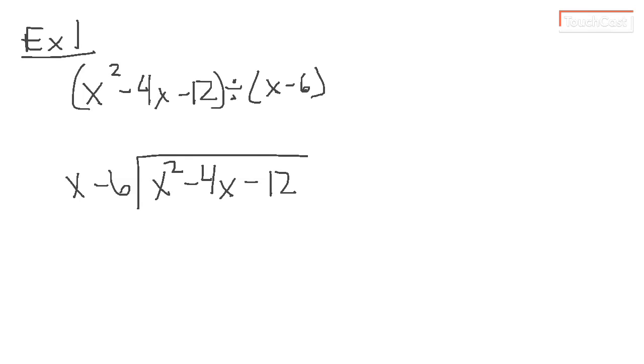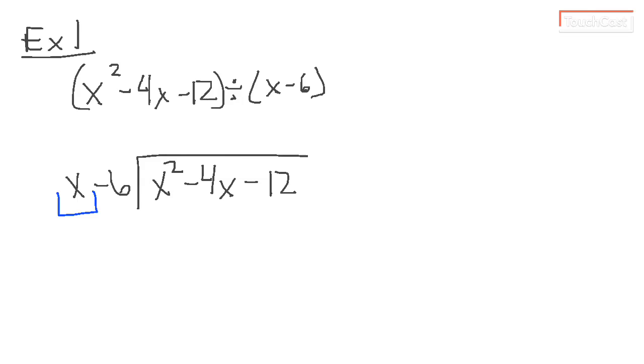When we are asking ourselves how much does x minus 6 go into the other expression, we are only going to worry about the x. The minus 6 we'll take care of as we move along. So we're going to ask ourselves, how many times does x go into x squared?